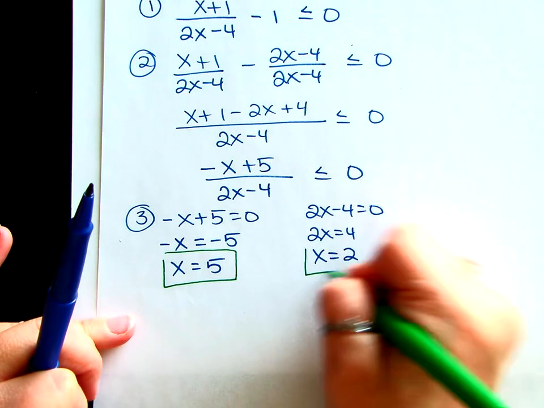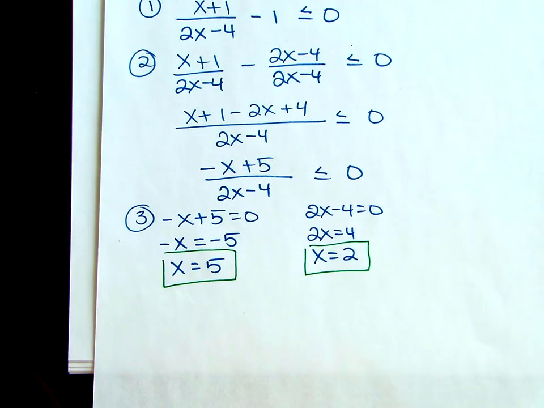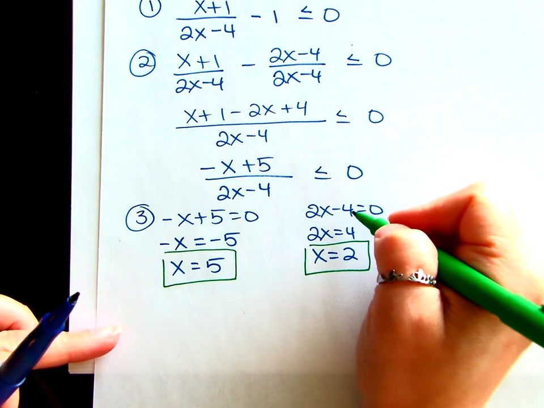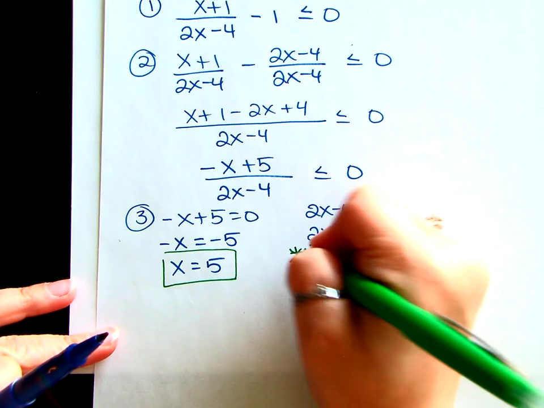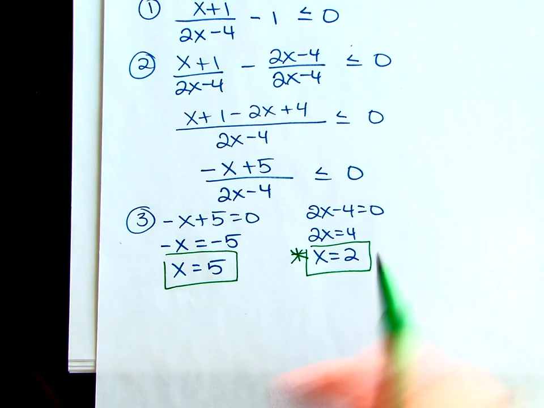And if you want to, at this step, you could make a special notation for your denominator so that you know that this x equals 2 is your trouble spot, so that later on you don't have to do anything extra. You just make sure that you've excluded that from your solution interval.